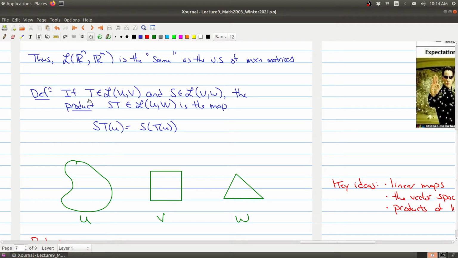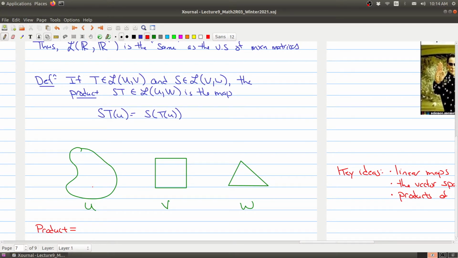If you have a map T going from U to V and a map S going from V to W, the product of S and T is the map that goes from U to W, where we take a vector u and evaluate it by first plugging into T and then plugging into S. Here's the standard picture: my vector u gets mapped by T to Tu, and then goes over to the vector space W as STu.